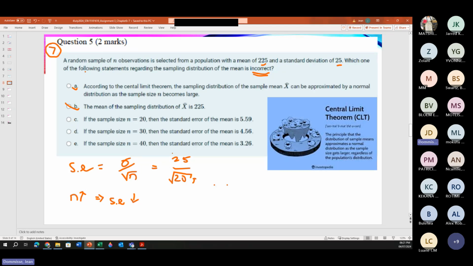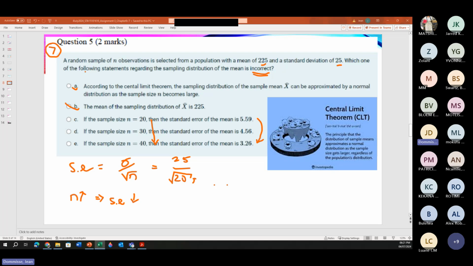So that whole number, because 25 divided by 5 is 5, but 25 divided by 10 is 2.5. So you can see in this, as the size of n becomes bigger, it is true that your standard error will become smaller.